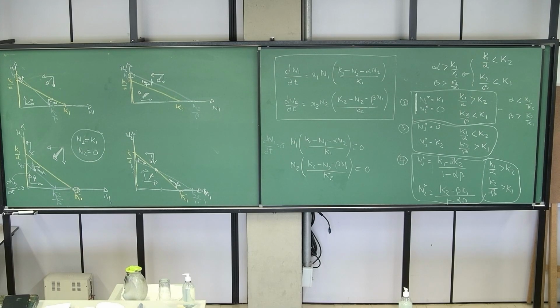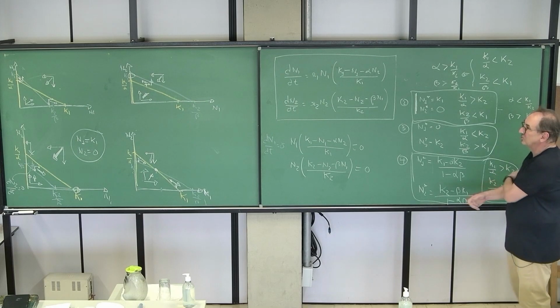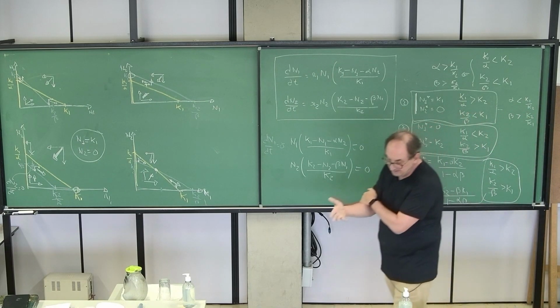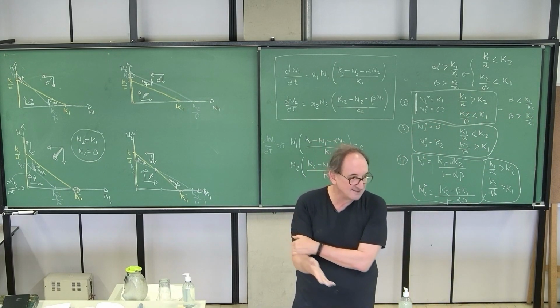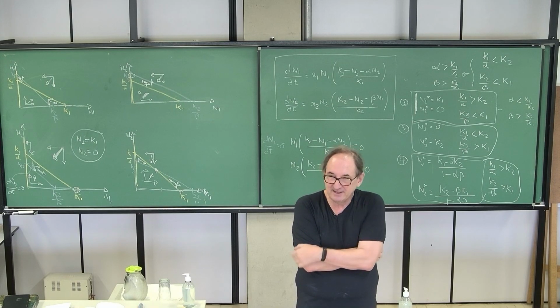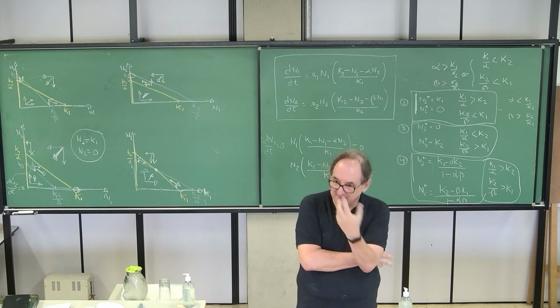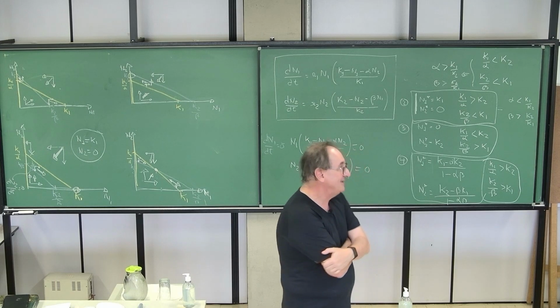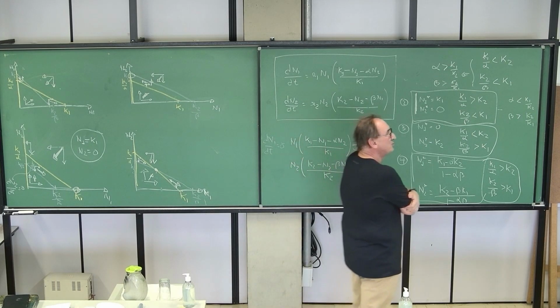So if alpha and beta are sufficiently small, then you can have coexistence. Alpha and beta are the competitive effect of one on the other.